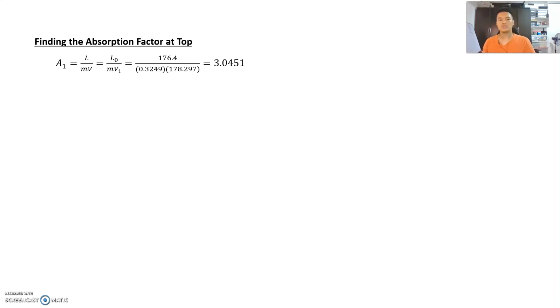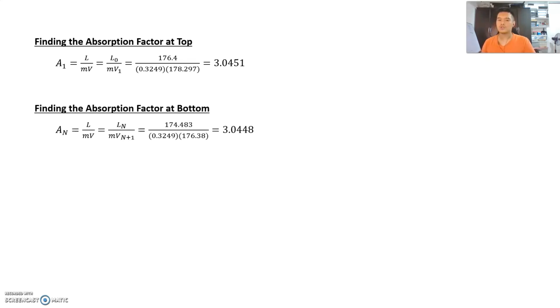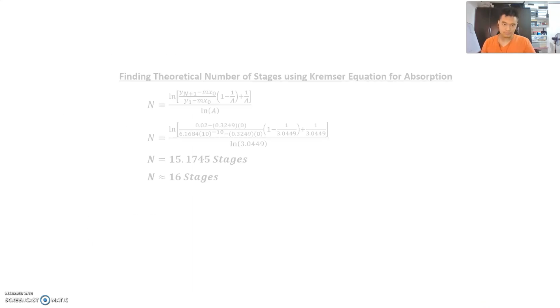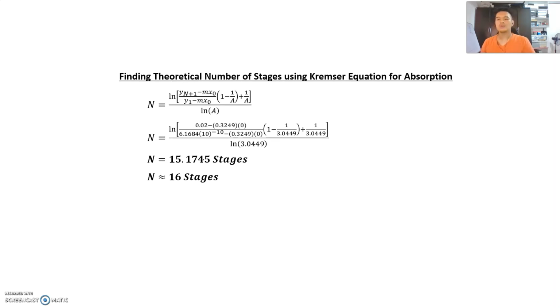To continue, the absorption factor at the top is this formula, and has a value of 3.0451. The absorption factor at the bottom has this formula and this value. Lastly, the absorption factor using the geometric average uses this formula, and this is the value, 3.0449. Then, how do we calculate the number of stages?